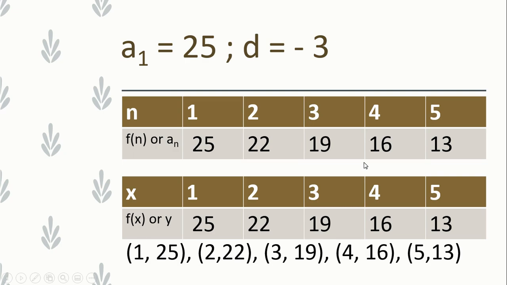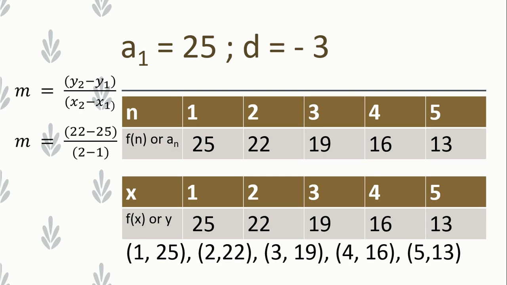We will do the same process for number 2 to verify that the slope has equal value to the common difference. Having the formula for slope as y sub 2 minus y sub 1 over x sub 2 minus x sub 1, again, we will pick a pair of points. For this example, I pick points 2, 22 and 1, 25.